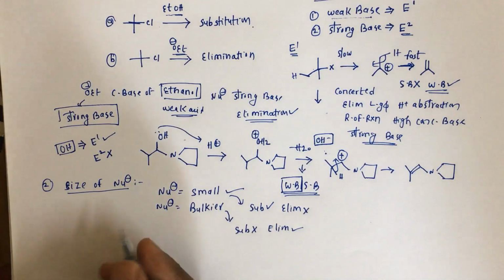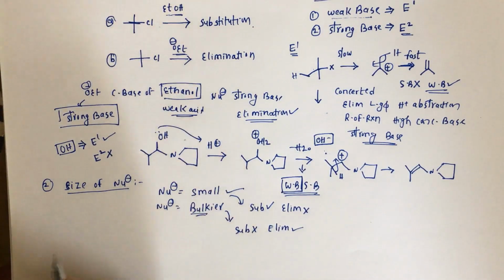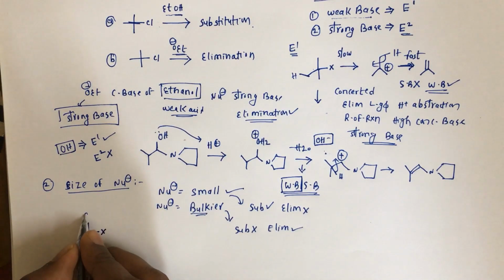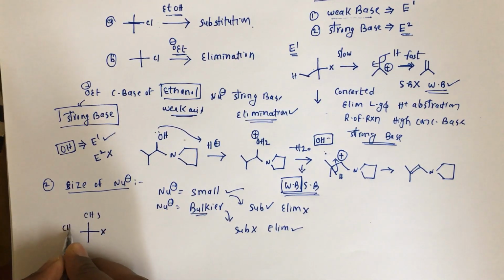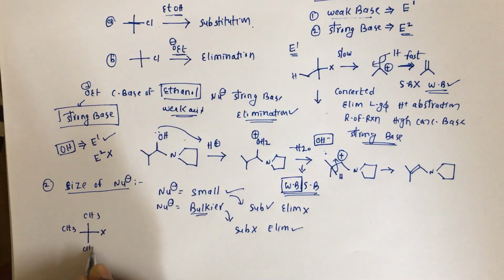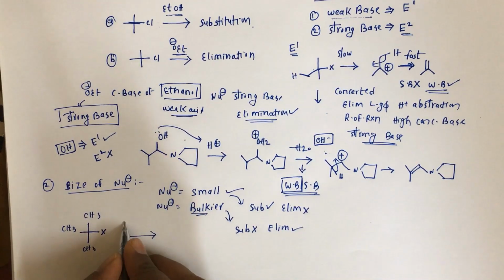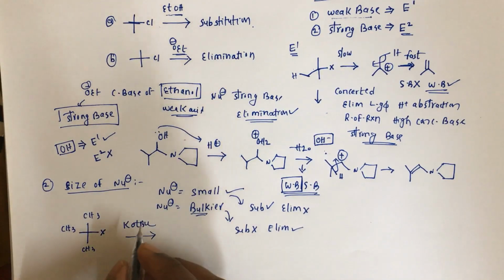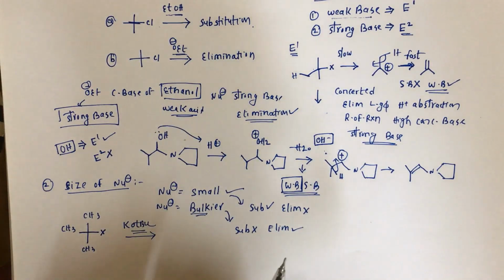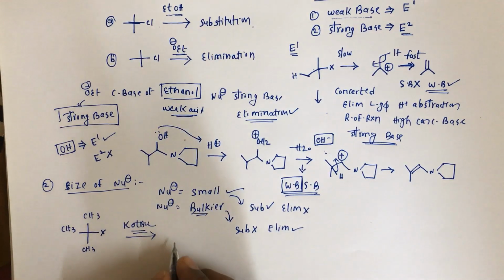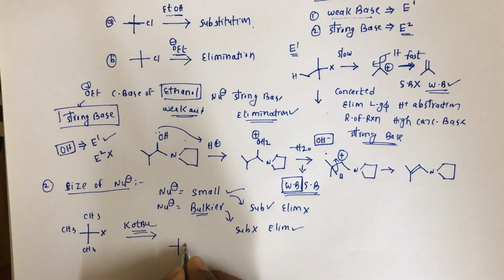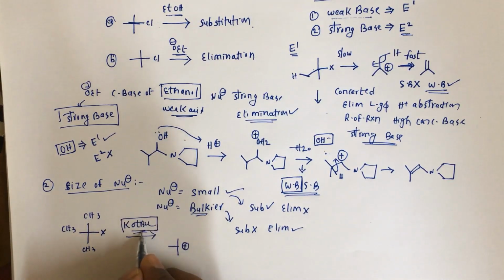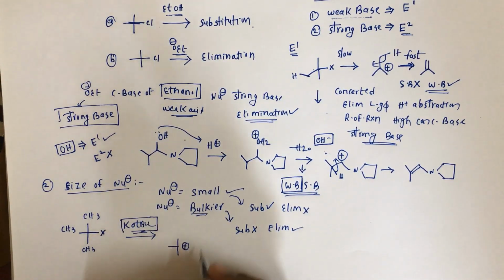First I will explain the bulkiness of the nucleophile. When we have this compound and we take potassium tertiary butoxide, this is the bulky nucleophile. The first step is the formation of the carbocation. In the second step, since this is bulky, it cannot go and take this position.